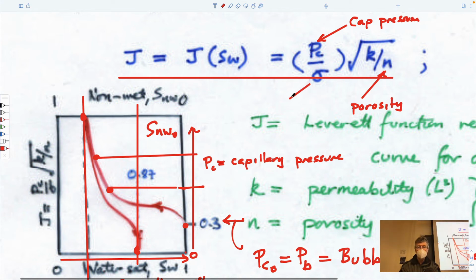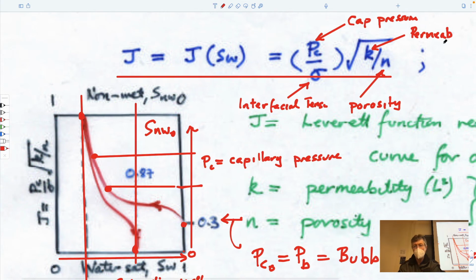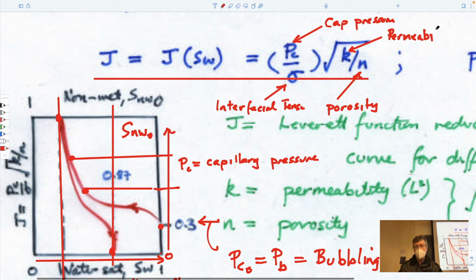This will be interfacial tension, the stickiness, the thing by which bugs walk across the surface of a lake. And this is permeability, which we haven't defined yet, but you'll know what permeability is from 452.